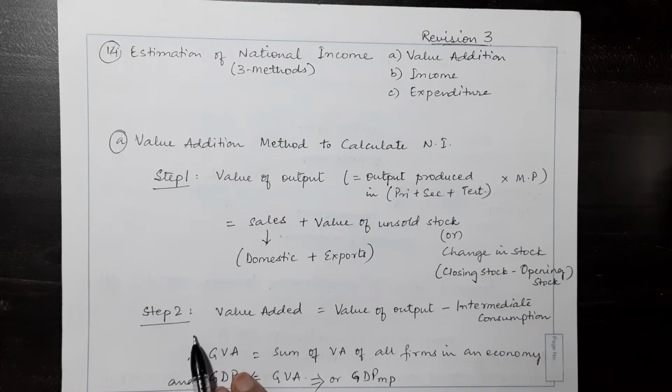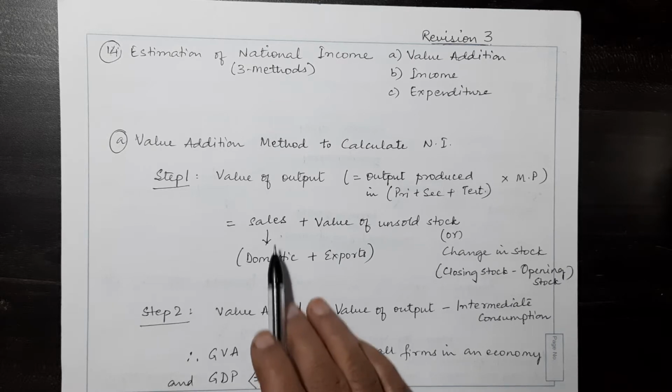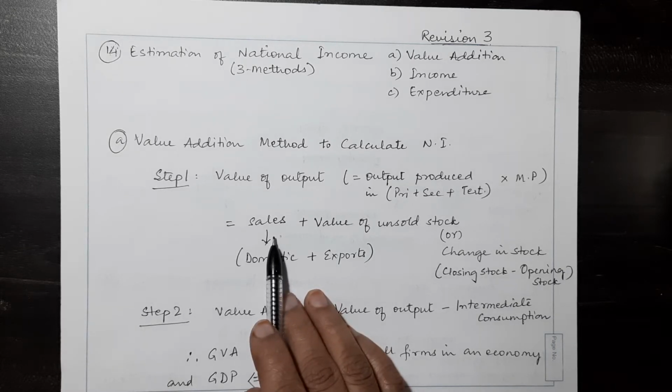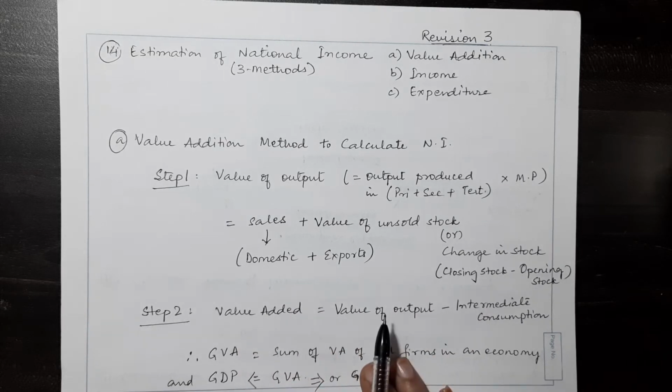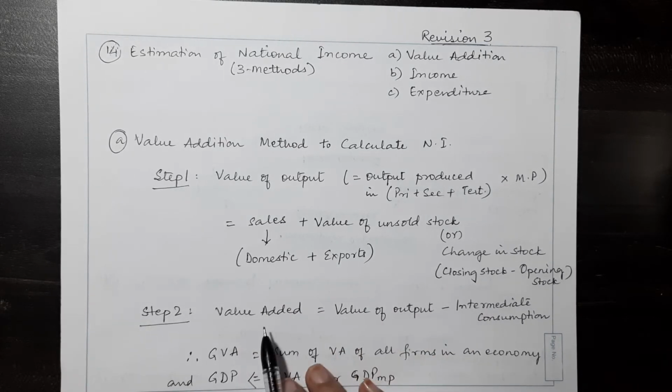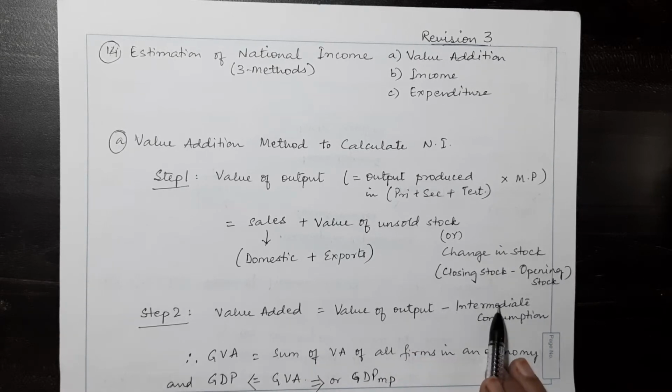Now coming to step number 2. Now that we have found out sales, value addition is made. When we talk about sales, it means that the value addition has already been made. That is why it goes out of the boundary of the production. Now value added will be the value of the output minus intermediate consumption.